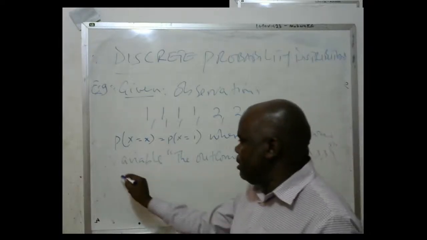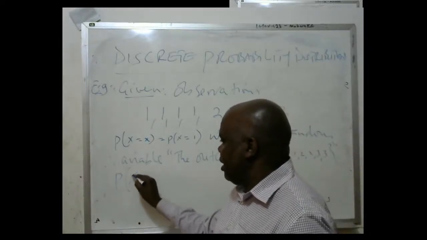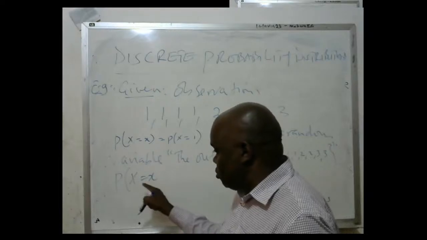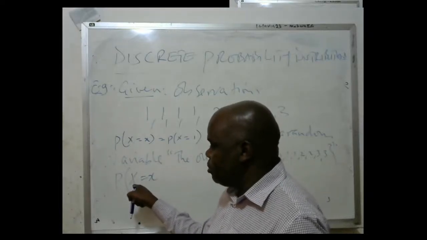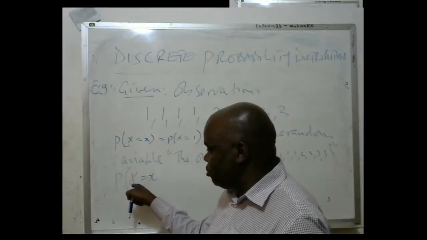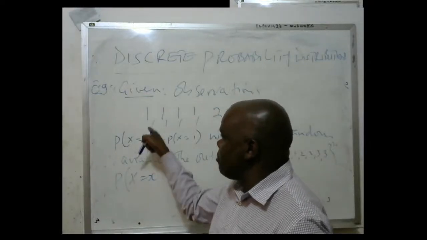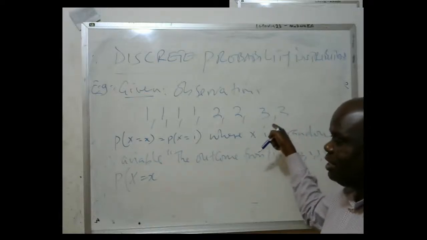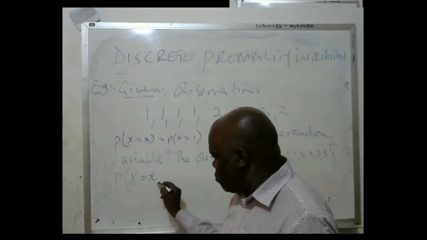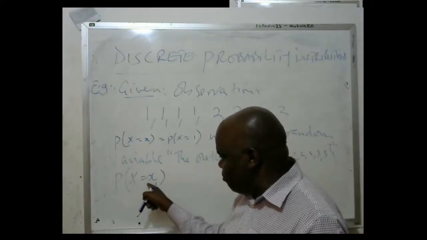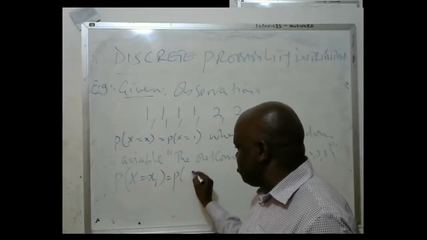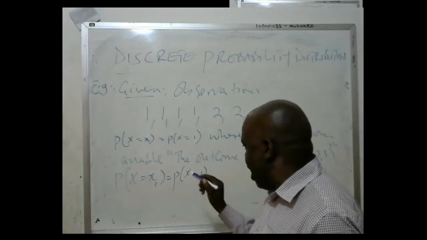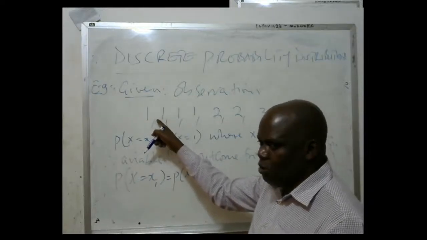So the probability X is equal to x. All random variables, we normally denote them using capital letters. So I have chosen this one, X, as a random variable of my outcomes, which I have selected there. I'm now calling this x1 the first observation. My first observation is probability of X equal to 1, the possibility of getting a 1.